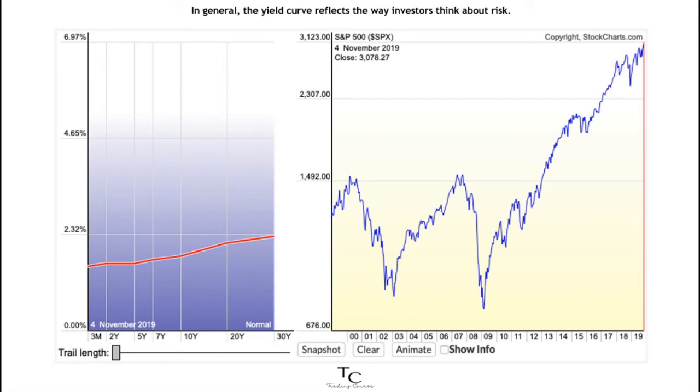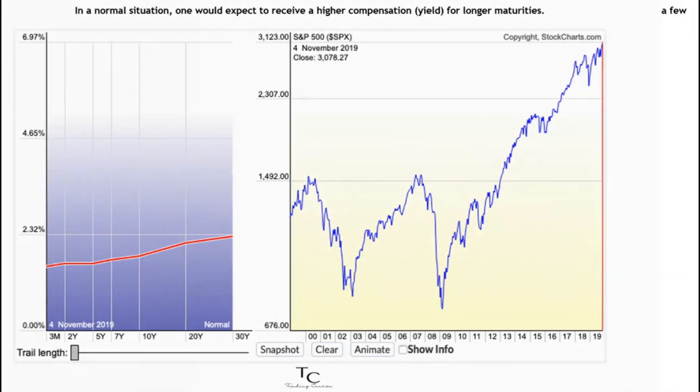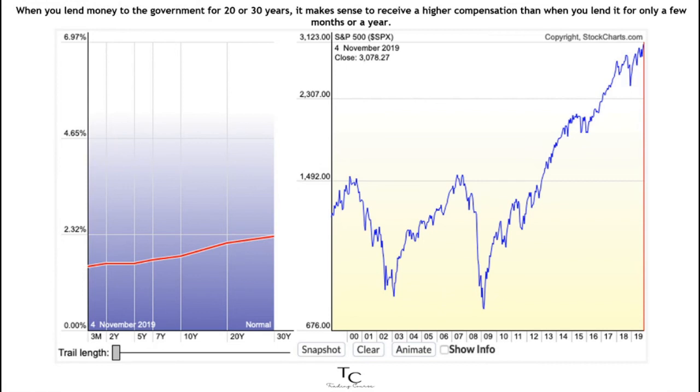In general, the yield curve reflects the way investors think about risk. In a normal situation, one would expect to receive a higher compensation yield for longer maturities. When you lend money to the government for 20 or 30 years, it makes sense to receive a higher compensation than when you lend it for only a few months or a year.